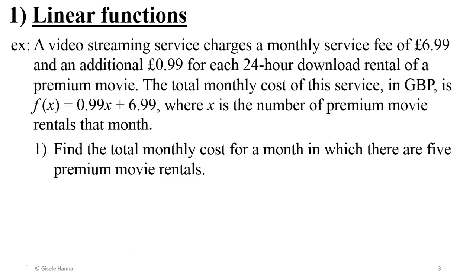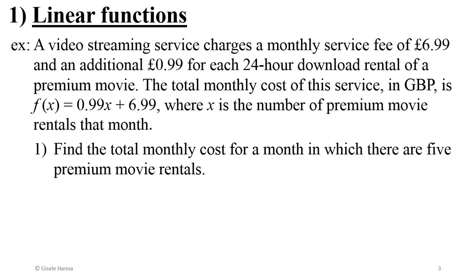Okay, so a video streaming service charges a monthly service fee of £6.99 and an additional £0.99 for each 24-hour download rental of a premium movie. The total monthly cost of this service in Great Britain pounds is f of x equals 0.99x plus 6.99. So basically they gave you the function representing the cost of the service.